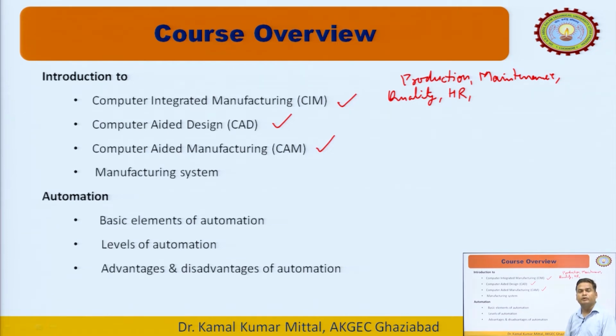The objective of the production department is to produce some finished goods. The maintenance department is to maintain all the machines, maintain the system.